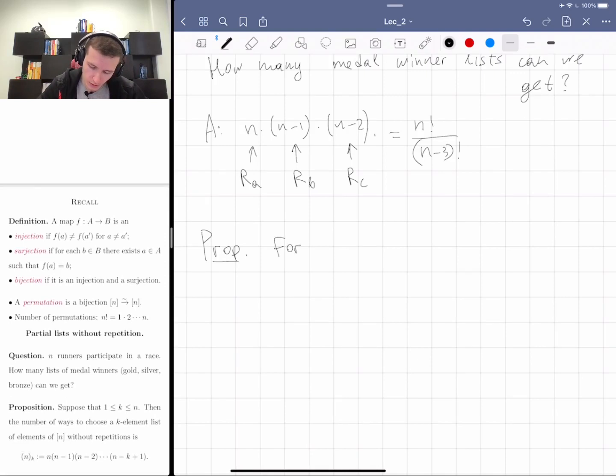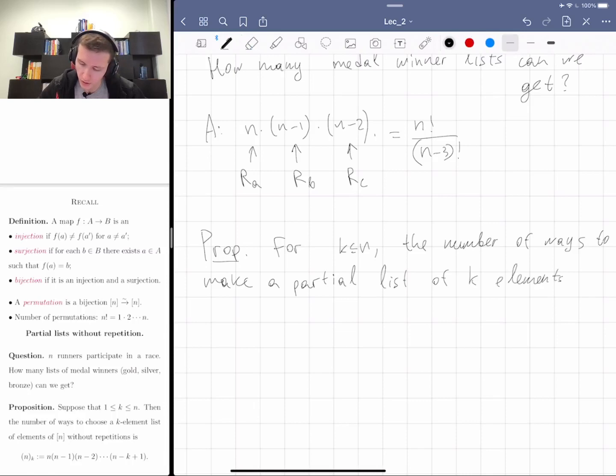For k less than or equal to n, the number of ways to make a partial list of k elements of bracket n is equal to, well, partial list is not very good terminology, so let me write: make an ordered list of k elements without repetitions.